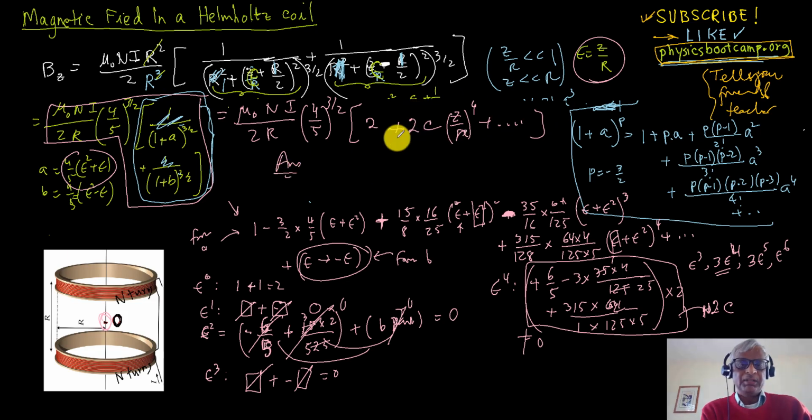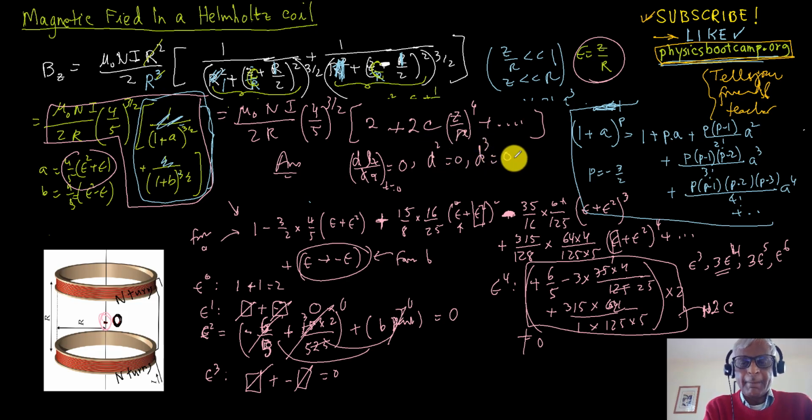So if I do dBz/dz at z equal to 0, this is 0, the second derivative is 0, the third derivative is 0, and only the first derivative is going to be over here. You can see the fourth derivative will be this whole thing.